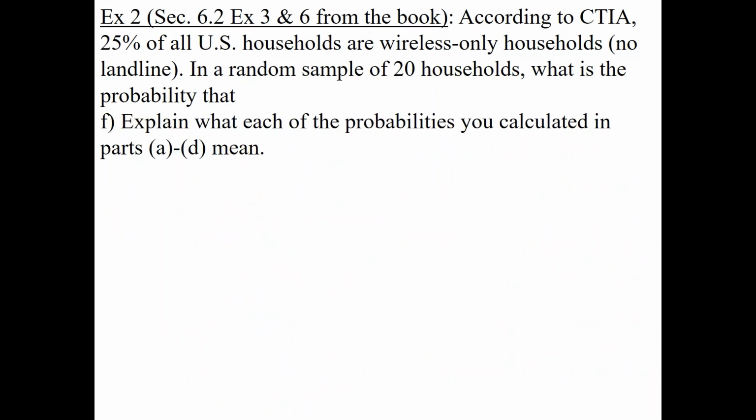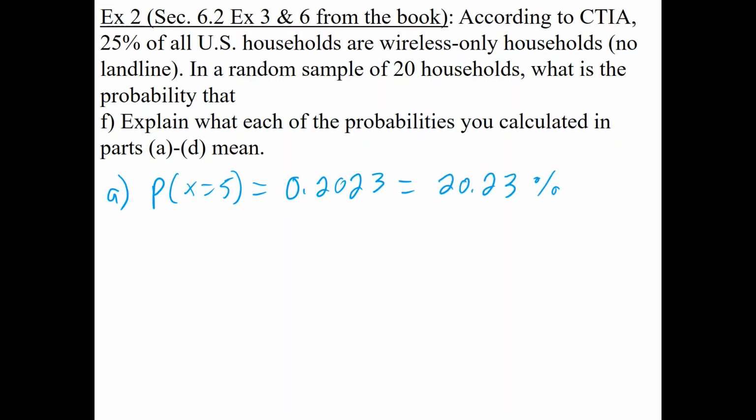It says explain the meaning of the probabilities that you calculated in part A, B, C, and D. Okay, in part A, we calculated the probability that we get exactly 5 wireless households. And the answer was 0.2023, which is 20.23%. What does that mean? Well, what you want to say is what we're doing here.